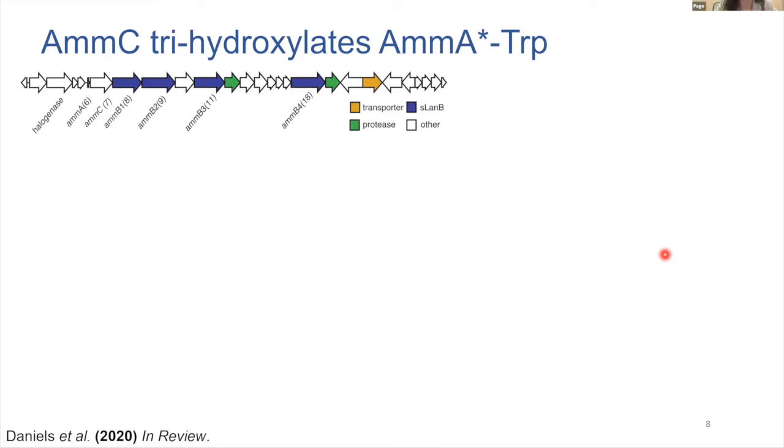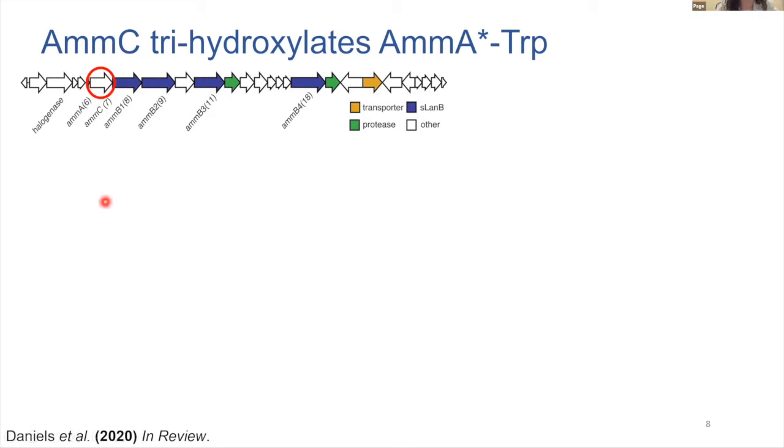What we found was that AmmC will modify AmmA star Trp, that modified peptide with the C-terminal tryptophan. In Brad Moore's studies, he was able to identify that AmmC was an essential protein, but he couldn't figure out what that modification was or what the product would be.